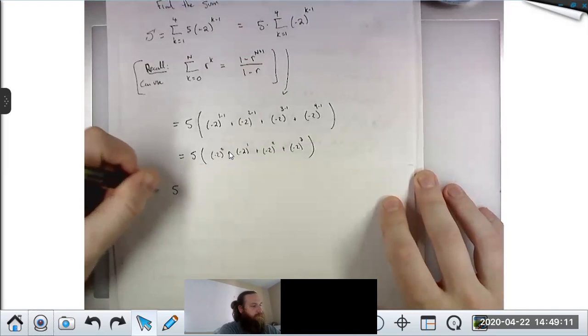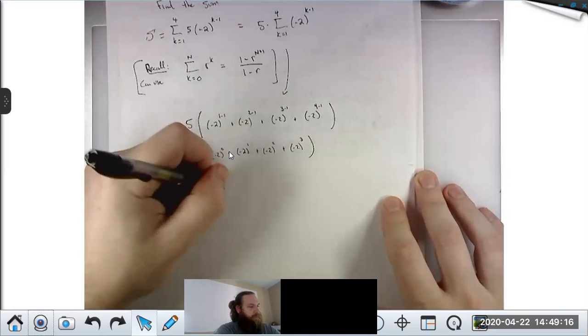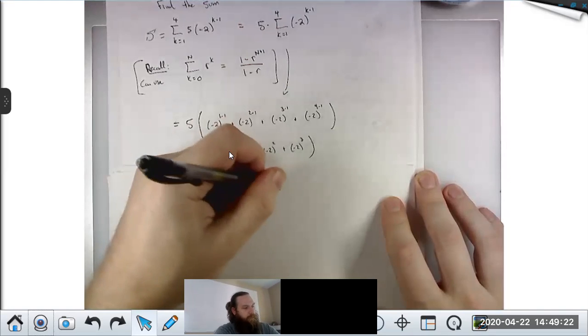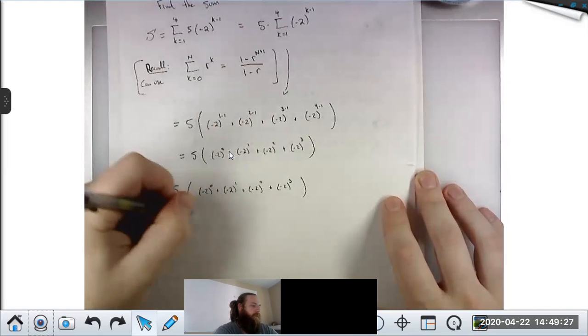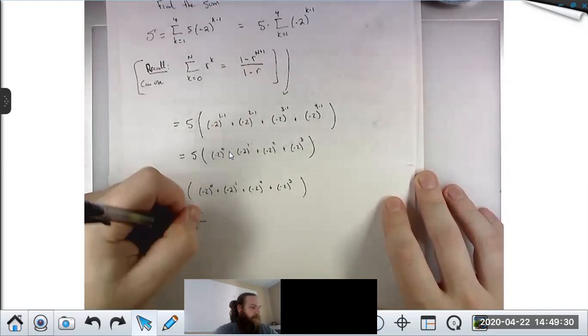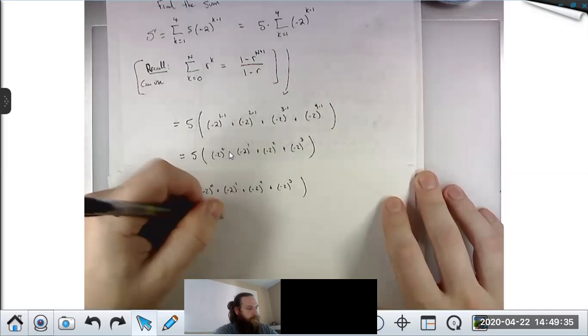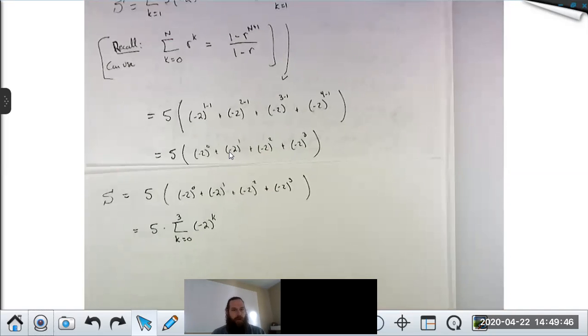So S is equal to 5 times negative 2 to the 0 plus negative 2 to the 1 plus negative 2 squared plus negative 2 to the 3, which I can rewrite in sigma notation as 5 times the sum from k equals 0 to 3 of negative 2 to the k. So I'm able to get rid of the k minus 1, and I'm also able to rewrite my series as a series whose starting index is 0, which puts me in good shape to use that formula.